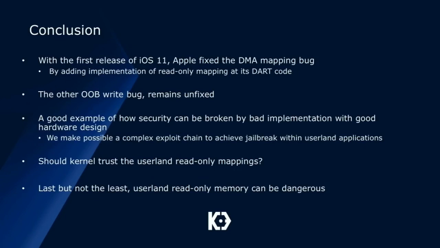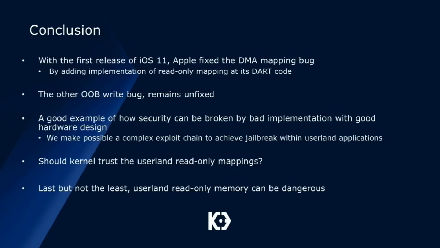At this stage, it is still safe to say that with the first bug fixed, the trust boundary of the userland read-only mapping is back, so you don't need to fix the other bug. But it brings a problem to us. Should we actually trust the kernel's userland read-only mappings? And of course, currently, there is no definite answer because I don't have another way to break that trust boundary.